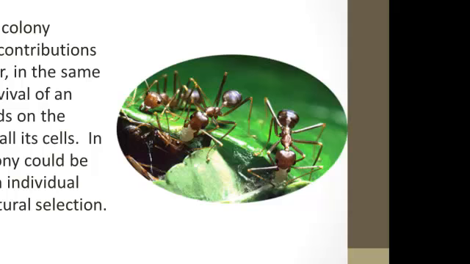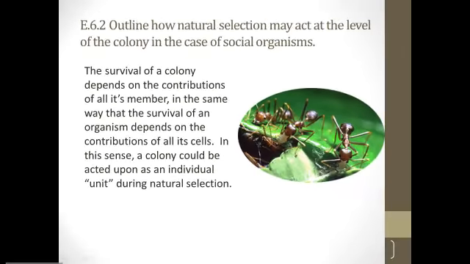Even though an ant colony is not one individual organism, it can be treated as one single unit that lives or dies based on the success of the unit rather than the individual.